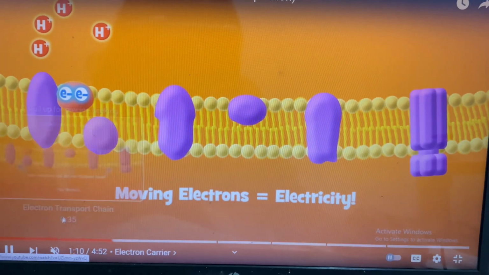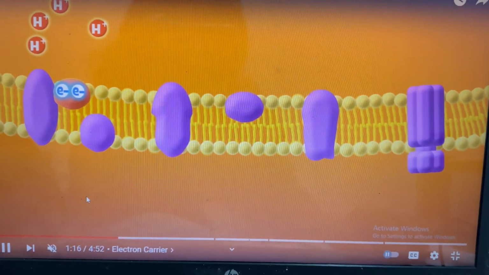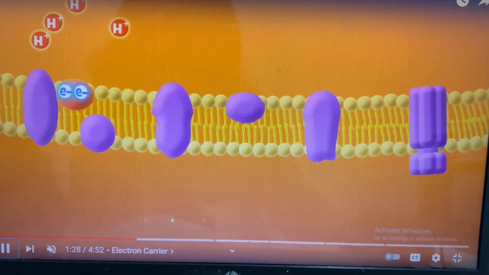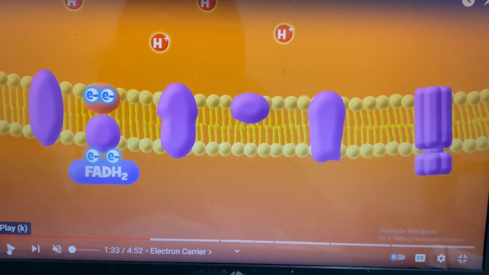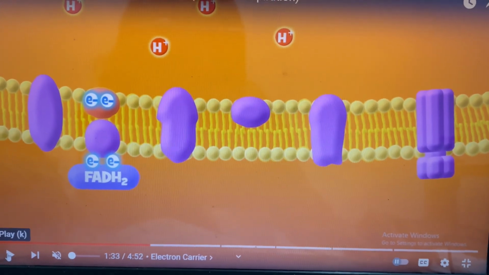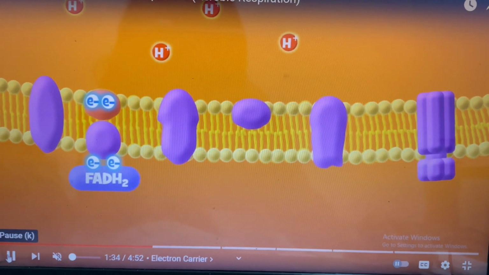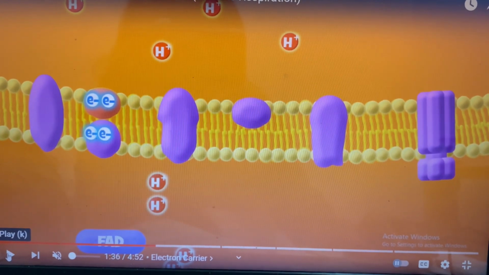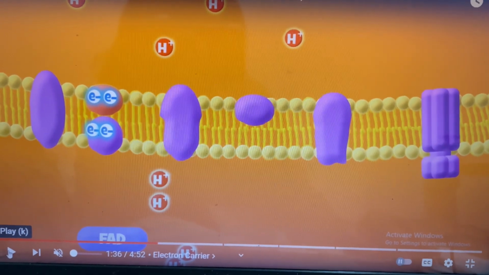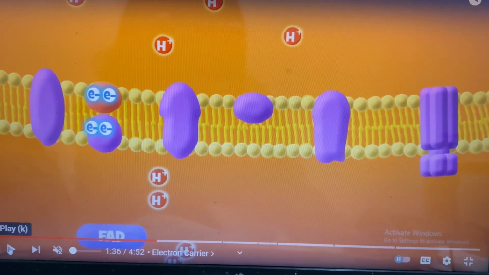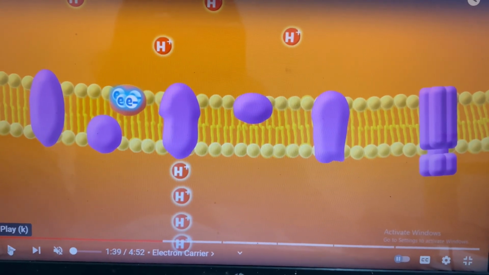And now, in the meantime, FADH2 associates with protein complex 2, all right? It will associate with protein complex 2 and then donate its electrons. Now the electron is taken by complex 2 and then from complex 2, it is taken by ubiquinone again.